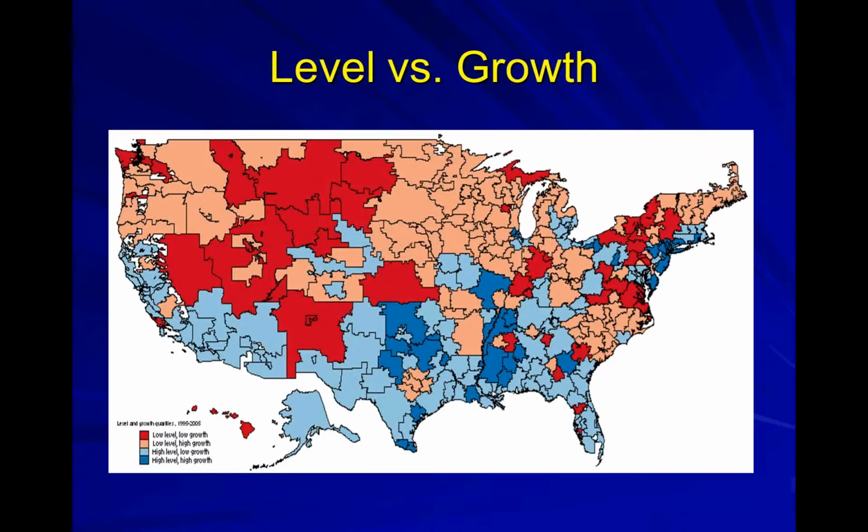So for example, the bright red areas had low spending but low growth. And the dark blue areas had high spending and high growth. But if you look at, for example, the light blue areas, you'll see high spending but slow growth. And the more salmon-y colored areas, you'll see low spending but rapid growth.